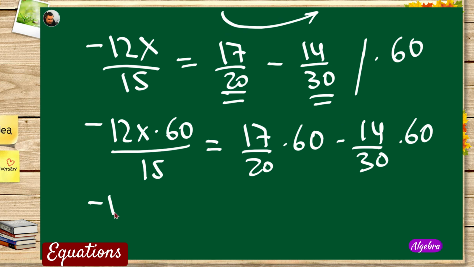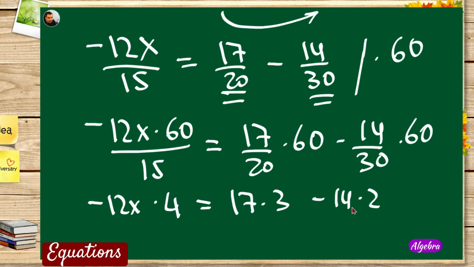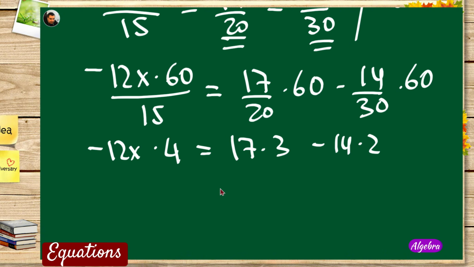So minus 12x multiplied by 4 is equal to what? 60 divided by 20 is going to be 3, right? So it's going to be 17 multiplied by 3. 60 divided by 30 is going to be 2, so it's going to be minus 14 multiplied by 2. That's what we have. Now let's just calculate that.